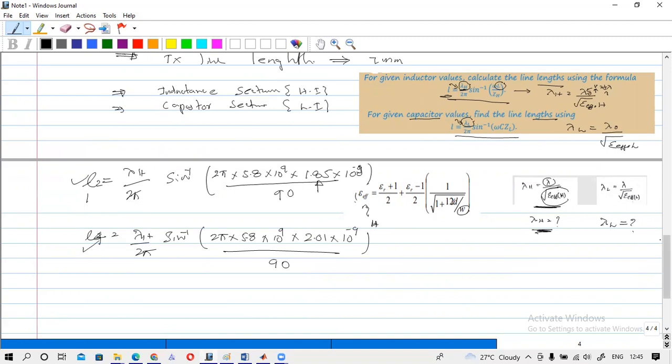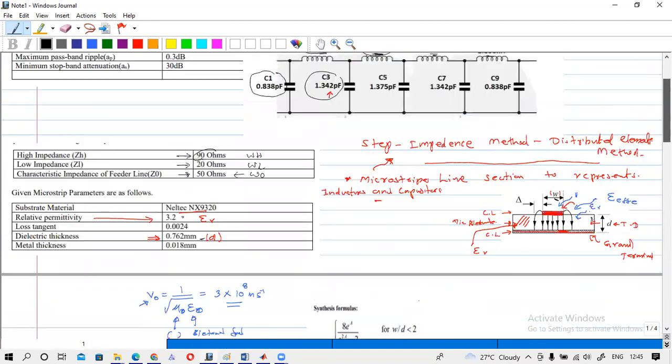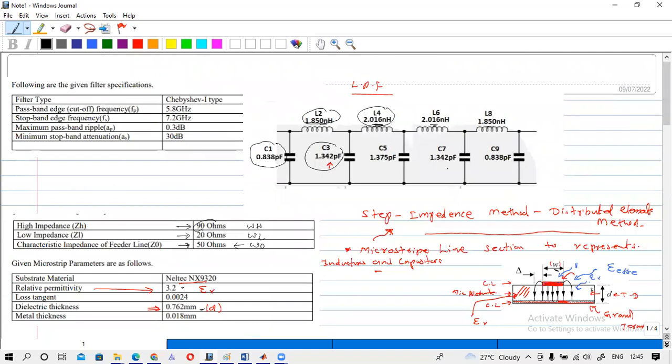In the same manner, you have to calculate the lengths for these capacitance values. Actually there are 3 capacitance values: this one, this one, and this one is equal to this one, is equal to this one. So you have to calculate the length related with these.